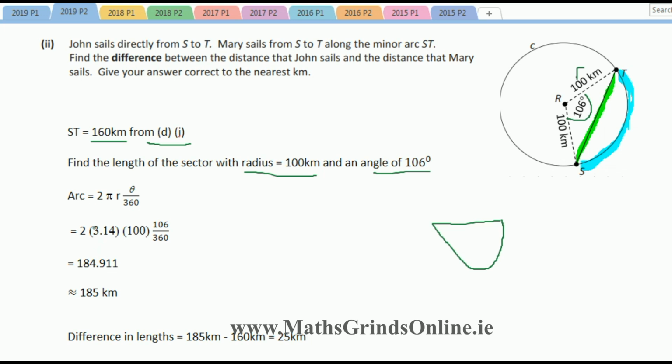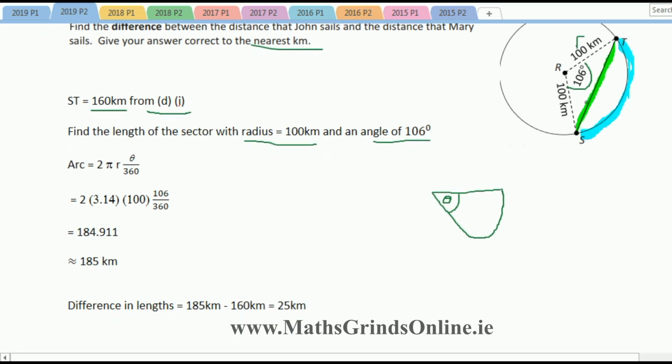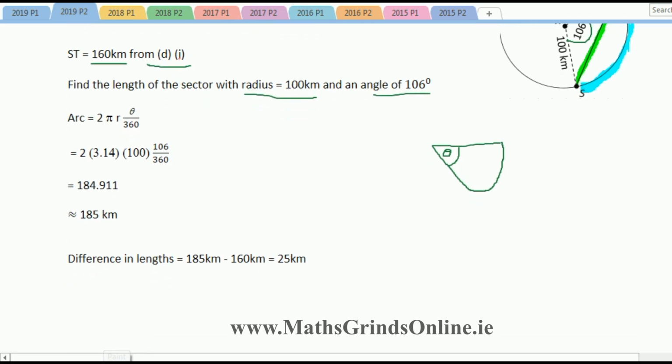So it's 2 times pi times 100 radius, and theta is 106 degrees. Multiply that out and it comes to, to the nearest kilometer, 185 kilometers. So the difference between the green line and the blue line in the diagram, we just take them away. So 185 take 160 is equal to 25 kilometers.